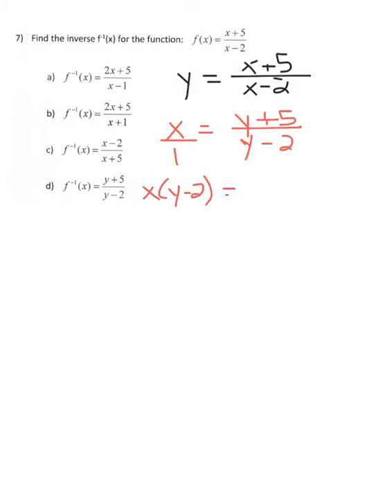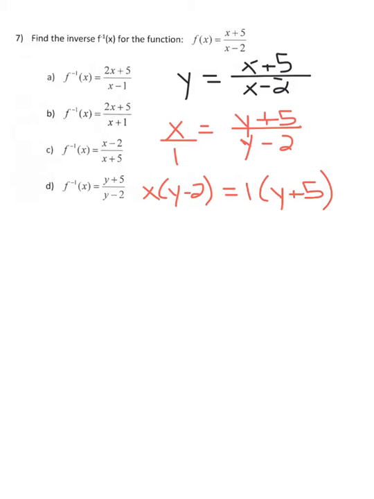Okay, then I'm going to bring down my equal sign, and now I'm going to multiply the top right by the bottom left. So y plus 5 times 1. I mean, I'll write it out. You're doing 1 times y plus 5. Okay, so now from here, we're going to distribute.